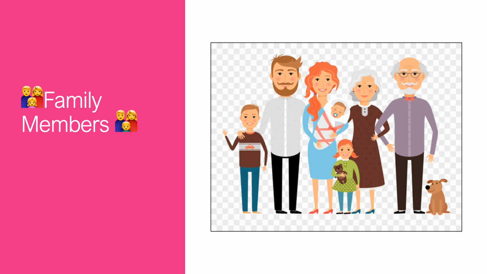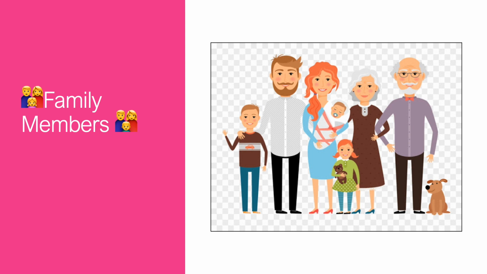So here we have grandparents, the one on your right, grandfather, grandmother, mother, father, and they seem to have like one son, one daughter, and a baby. Okay, now the mother and father, they're also called husband and wife.